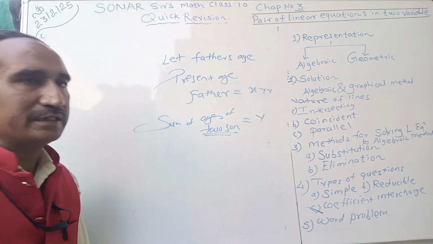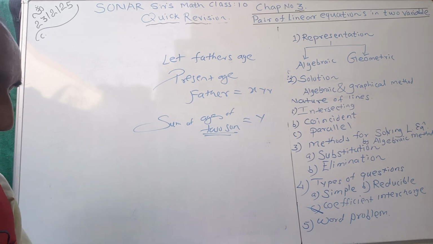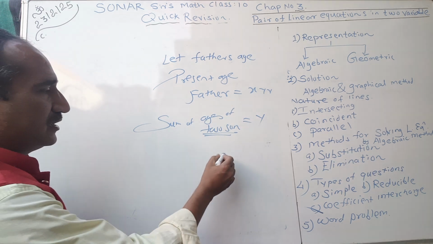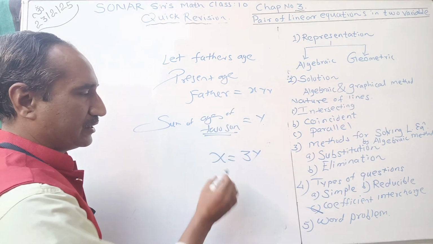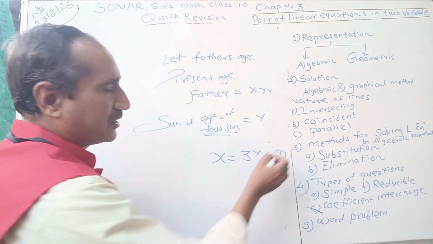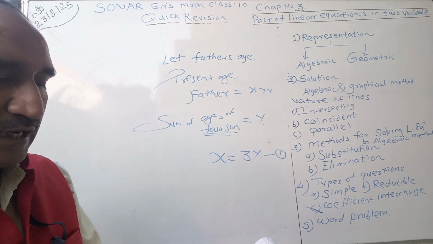So suppose we consider that age as y. Father's age is 3 times the sum of the ages of his two sons. So father's age is x, 3 times the sum of the ages of his two children, 3y. So we got the first condition. Now second, after 5 years.